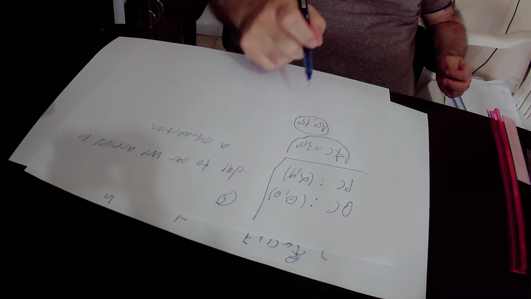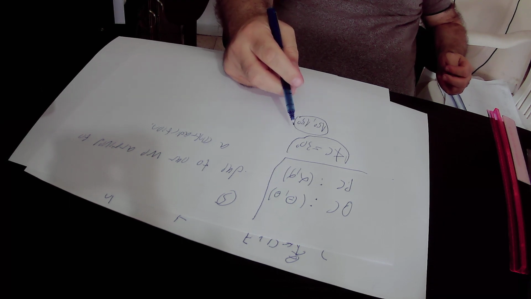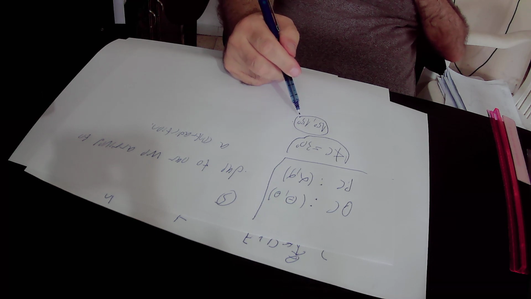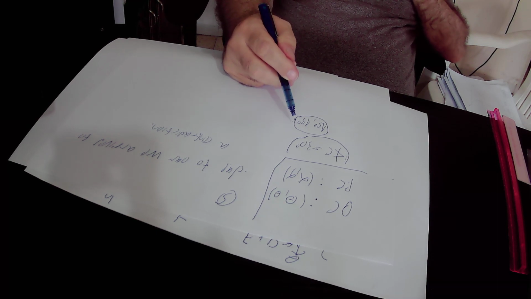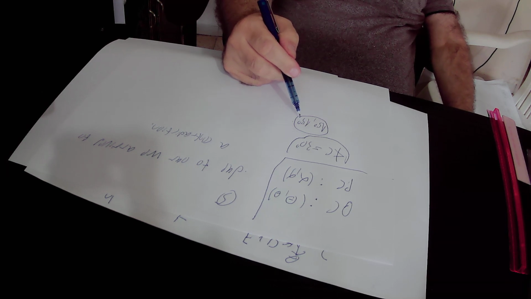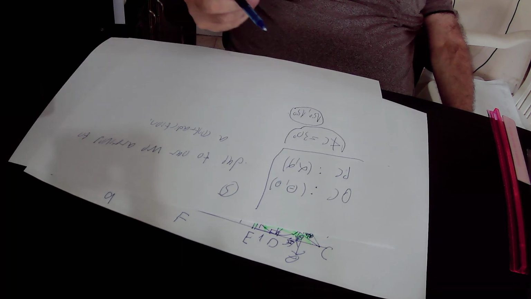As I've already shown you in the example, if angle C equals 30 degrees, then the only two halves it can be bisected into are 15 degrees and 15 degrees, and not any other two halves.